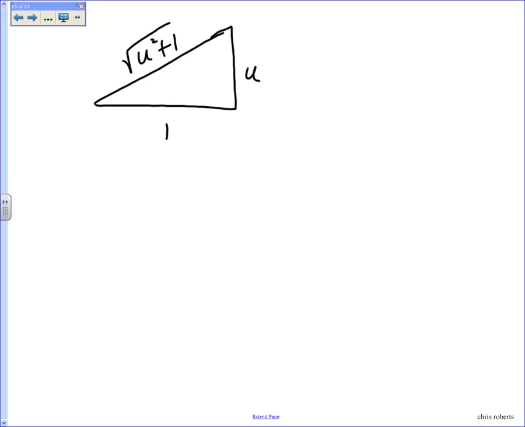Okay. Now, using this idea, if we were given a problem that said find the cosine of the inverse sine of, let's just say, 1 over x. Inside the parentheses, that says what angle has a sine value of 1 over x.